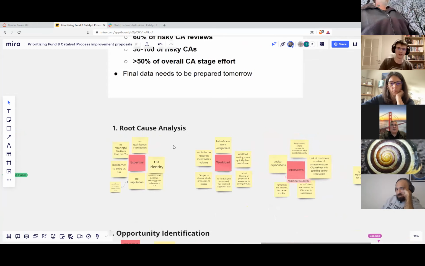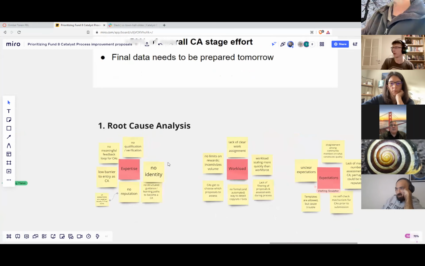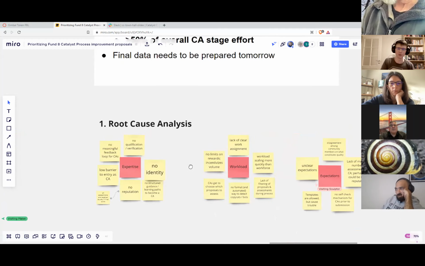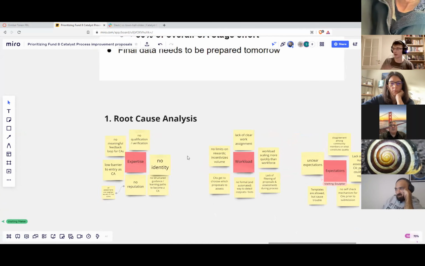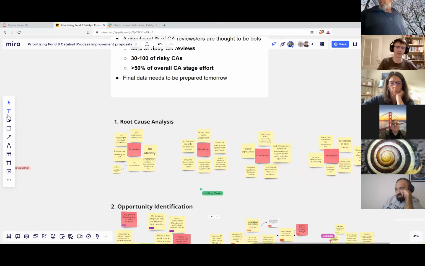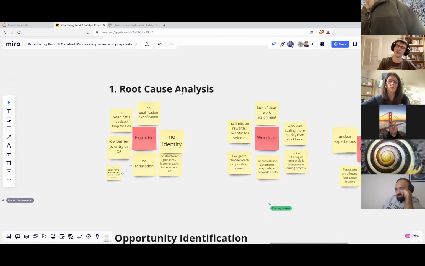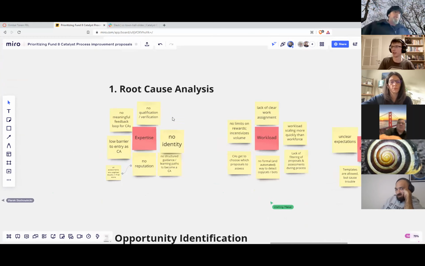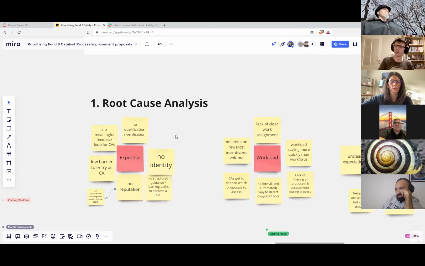So instead of me reading it for you, I would like random people to take, let's say one person. I will name a name, let's say Nadia Hopkins, and read the sticky notes around expertise and give a bit of clarification on how you understand it.